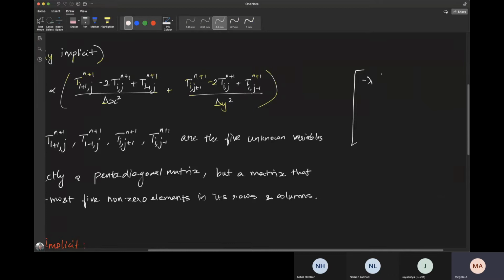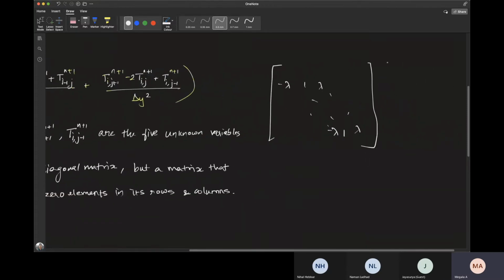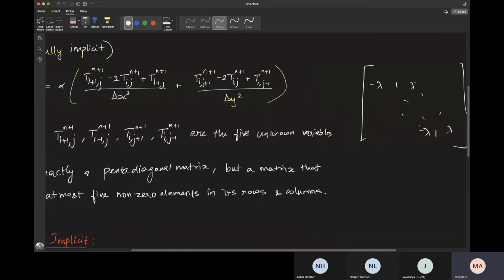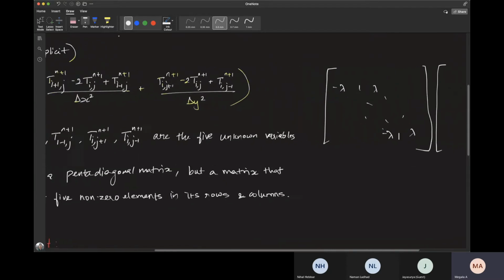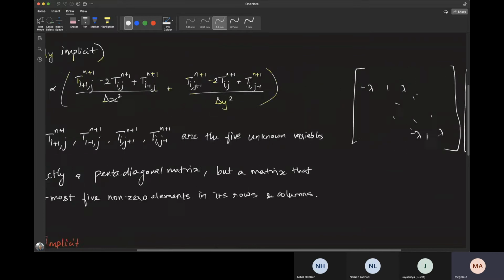Like minus lambda. I'm not writing the first row, okay? I'll write from the second row. So it's possible for us to... I'm not writing the last row also. So now plus you will have some non-zero terms, I mean 0 terms.